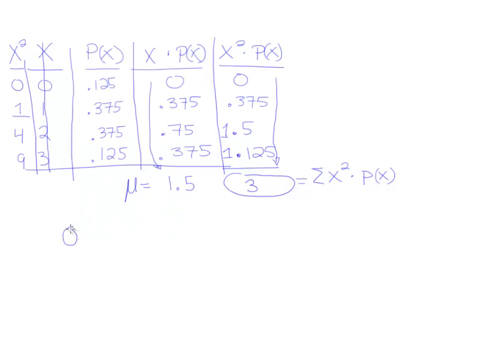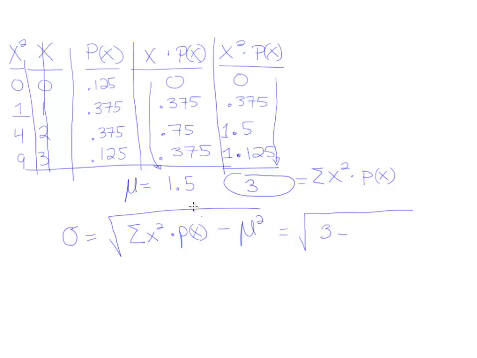The formula is sigma is equal to the square root of the summation of x squared times p of x, minus the mean quantity squared. So we'll have the square root of, this whole quantity is just the number 3, right? So 3 minus 1.5 squared.